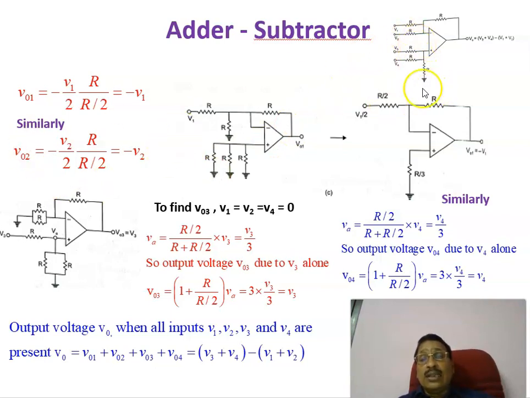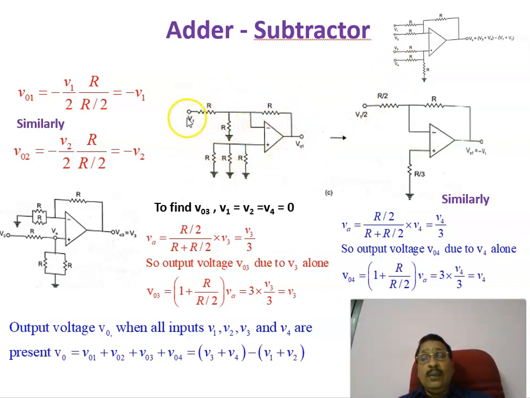We have connected all the resistances with equal values, and the feedback resistance as well as all these resistances are of value R. Now we have to analyze what is V0, what is V01, the output voltage when only V1 is present. In order to find that, we ground V2, V3, and V4. The circuit is like this.